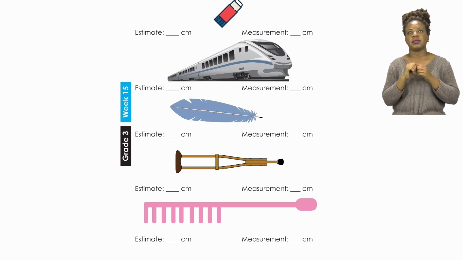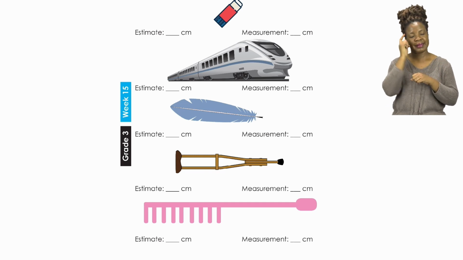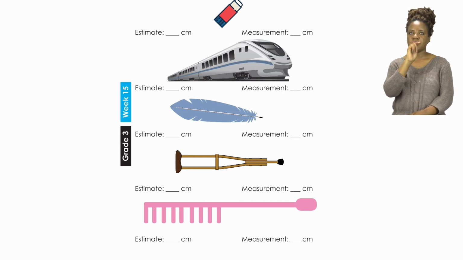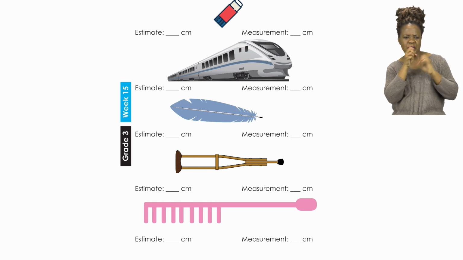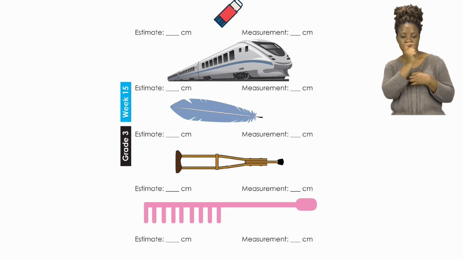For this exercise, we're going to start by estimating. Each thing that you can see needs to be first estimated, which means to guess. We need to guess how many centimeters each of the things are. And then after that, you will actually use a ruler and measure.